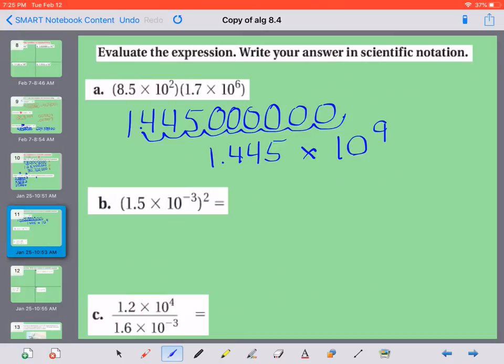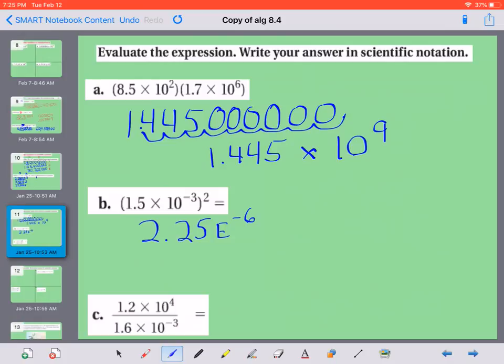Next one, we have 1.5 times 10 to the negative 3rd power, all of that to the 2nd power. So what our calculator will show is 2.25 e to the negative 6.